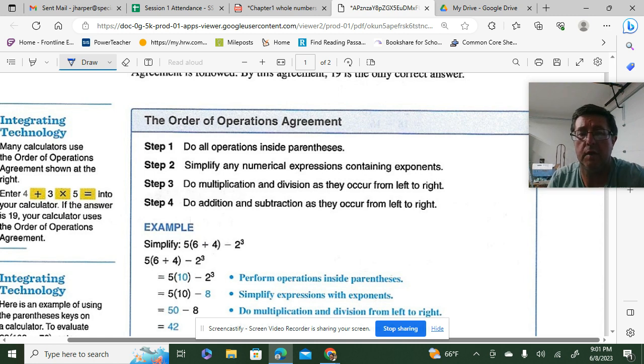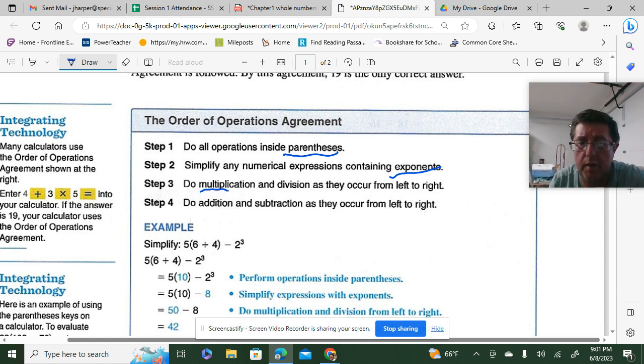Okay, so step 2, simplify any numerical expression containing exponents. So we have the P, parentheses, that's please. We have the exponents, which is excuse. That's what we do next.